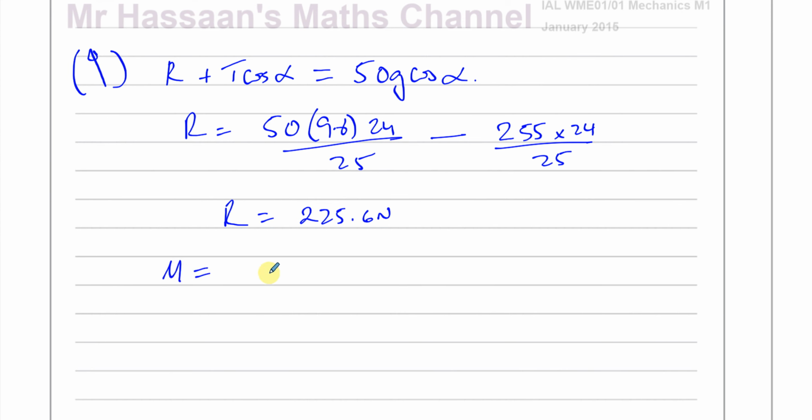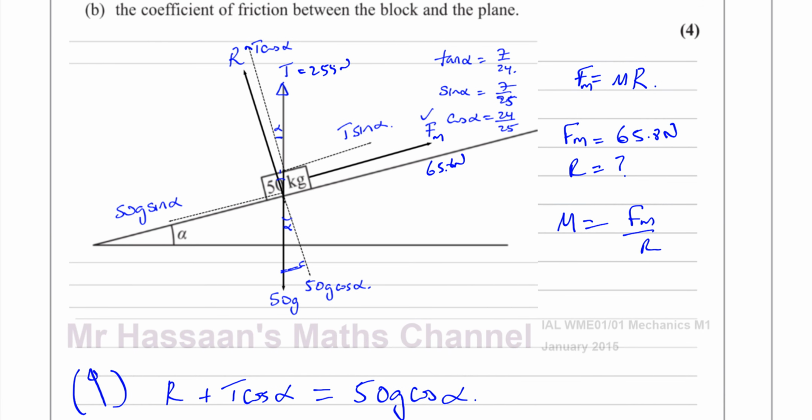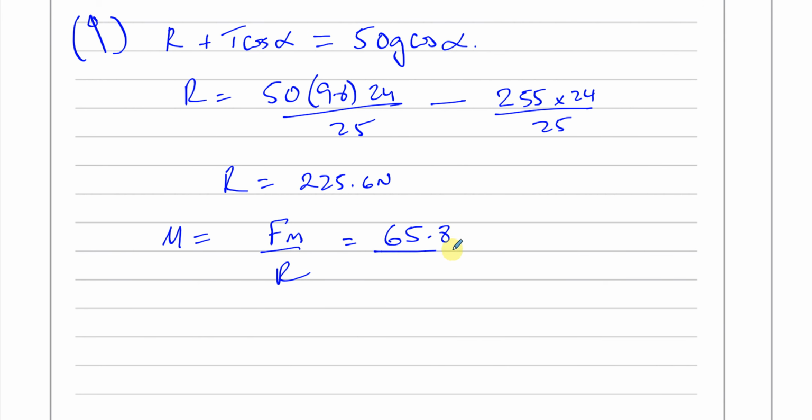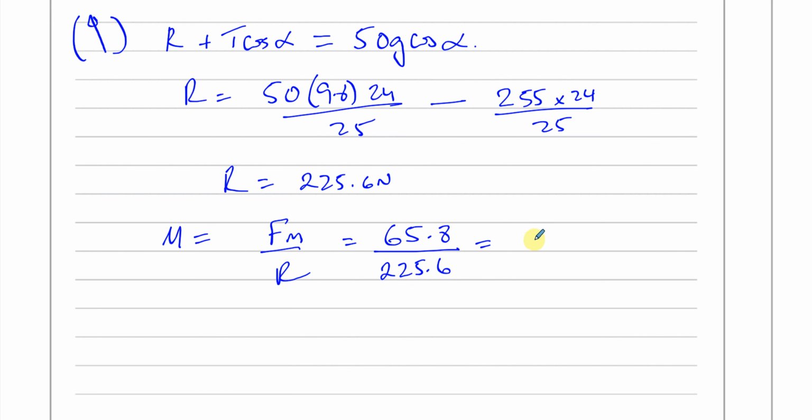So mu is equal to F max over R, which is 65.8, which is what they told us, divided by R, which we know is 225.6. And if we take 65.8 divided by our answer, that gives us 7 over 24. So we can leave it at 7 over 24 if you want.